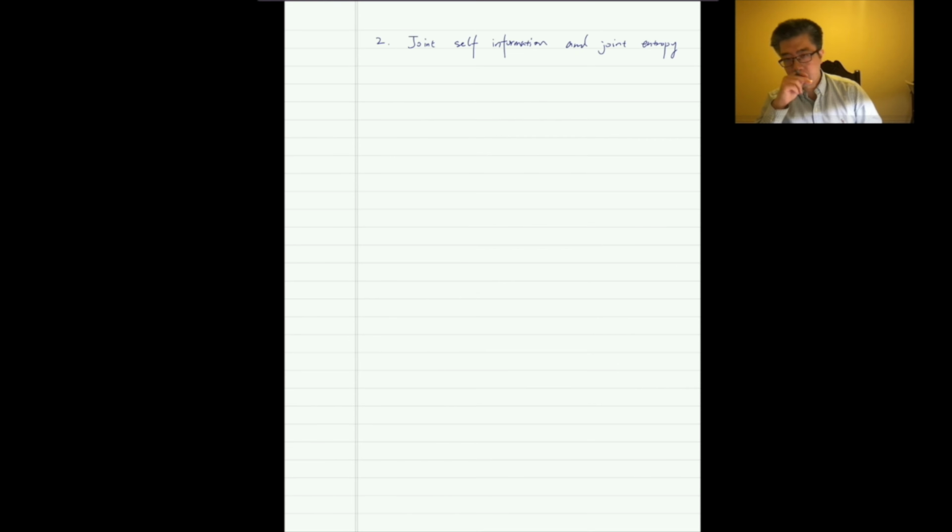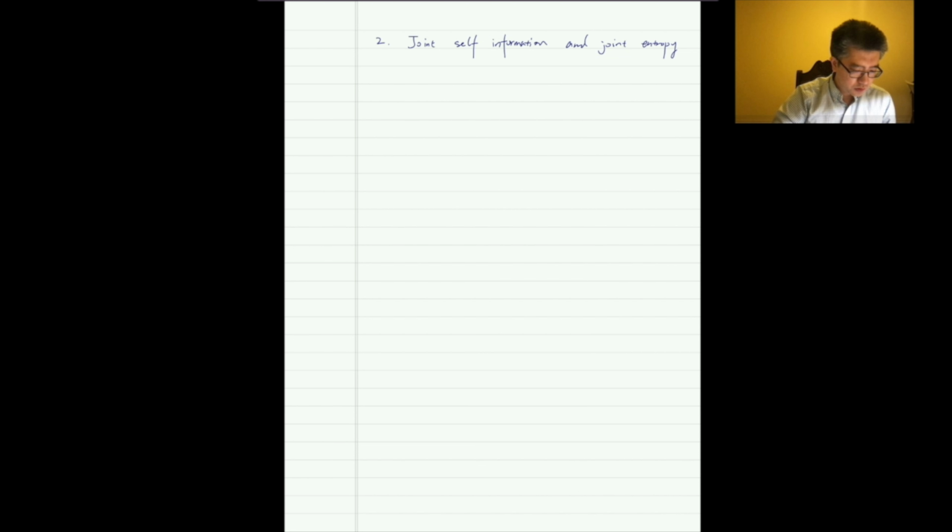From now on, we will always introduce the version of the self-information first, and then the corresponding entropy term, because as we saw before, the entropy is nothing but the expectation of the self-information. The concept for the joint case is pretty straightforward. Joint here means that we consider more than one random variable.